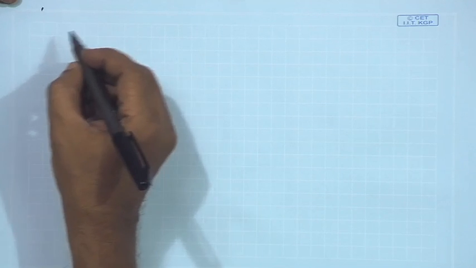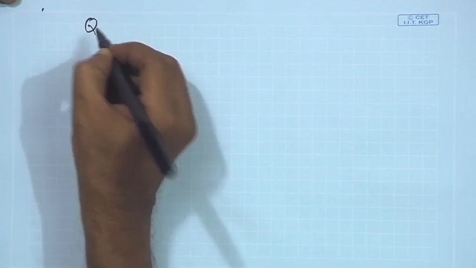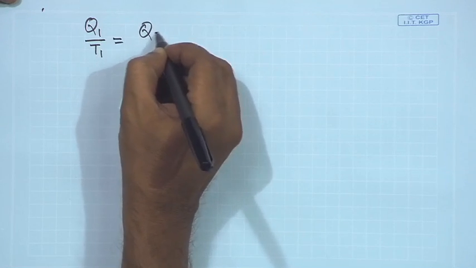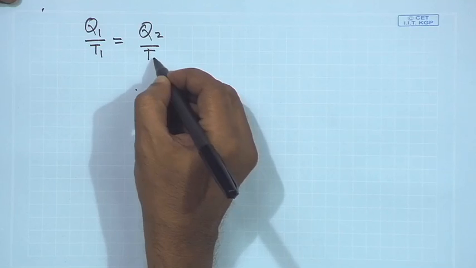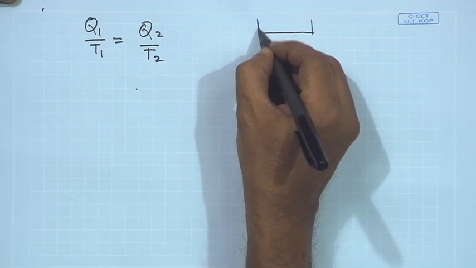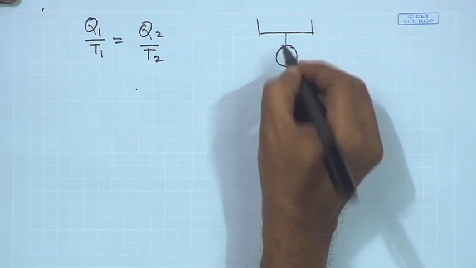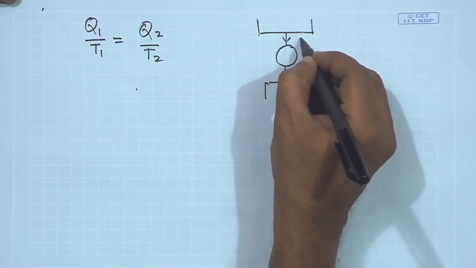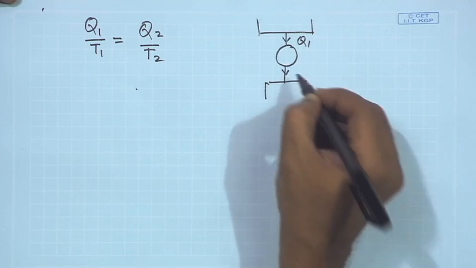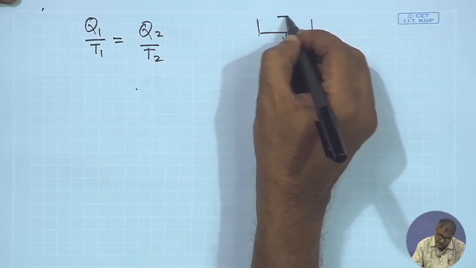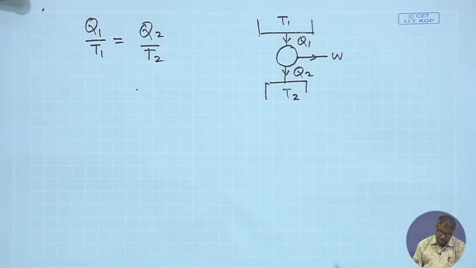So, according to Carnot's principle, what we have got is that Q 1 by T 1 is equal to Q 2 by T 2, where Q 1 is the heat supplied to the cycle, Q 2 is the heat rejected by the cycle, and T 1, T 2 are the temperatures.